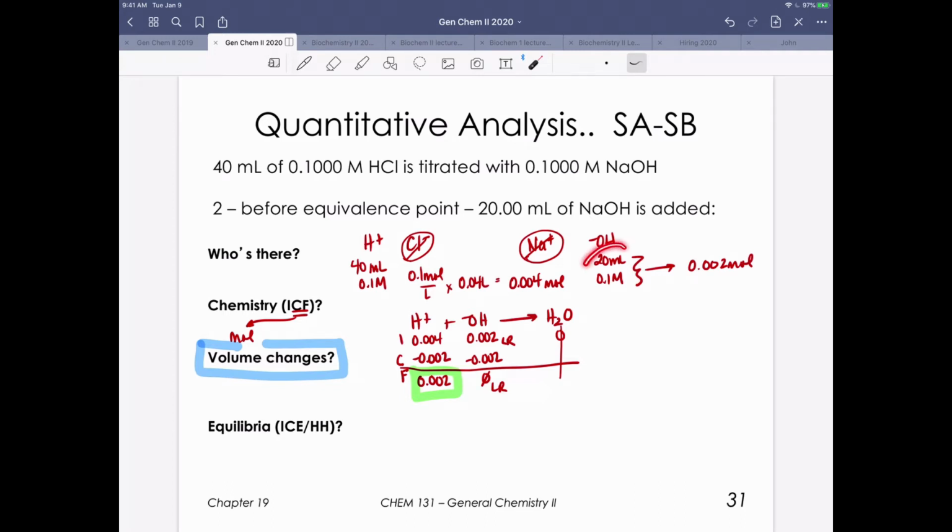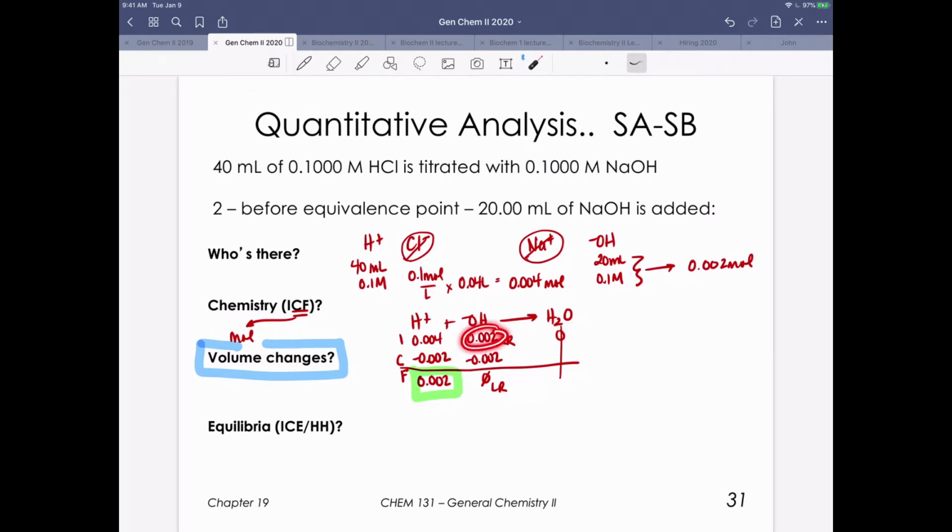And we're going to be adding 20 milliliters of 0.1 molar hydroxide. So we've added 0.002 moles of hydroxide, and we had 0.004 moles of H+. So put those into an ICF table like we have here. The relevant chemistry in a strong acid, strong base titration is H+ plus OH- gives water.